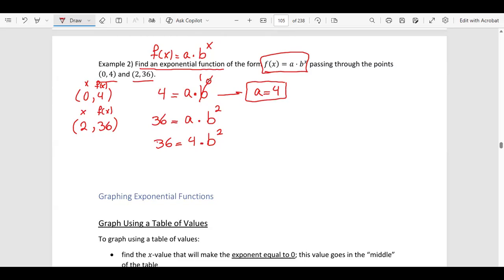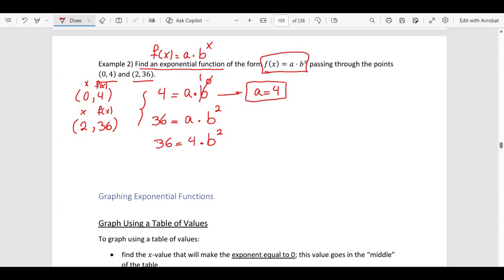Power of 0 makes everything easy. But if you have any other power, not 0, you may need to use both of the equations together, divide them by each other to cancel the a and find the b, or just use the substitution method to find a and b.